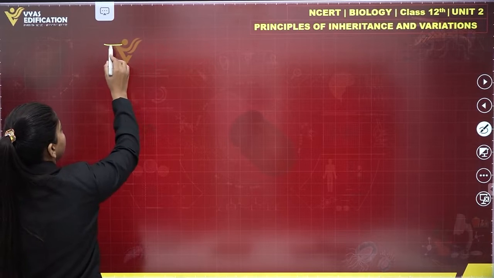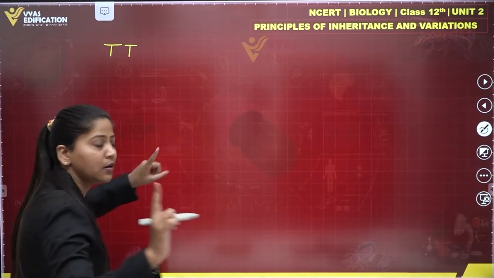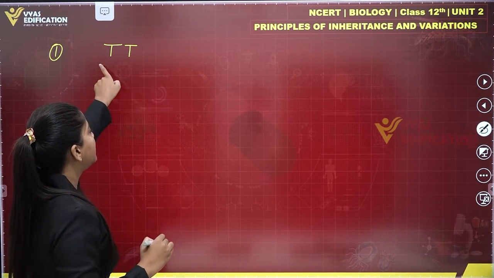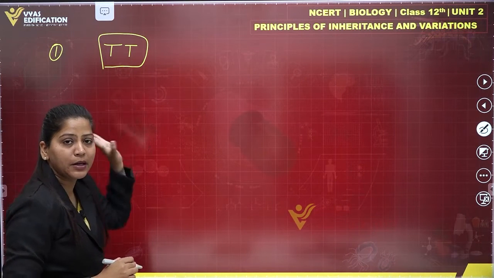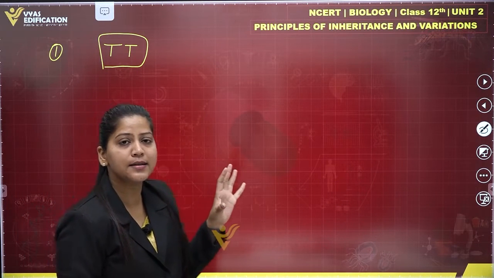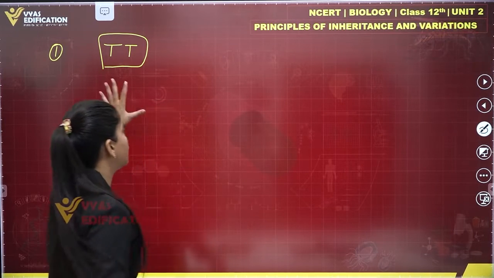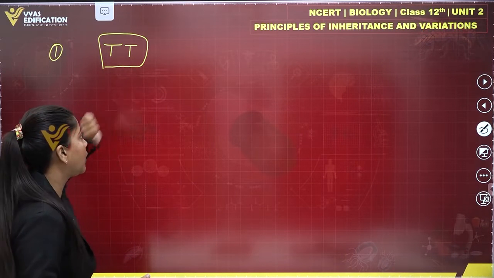We are going to discuss two cases. This is the first case, in which the organism has, suppose, capital T condition, that means homozygous dominant condition, but we don't know the genotype of that organism. We still have to test its genotype.